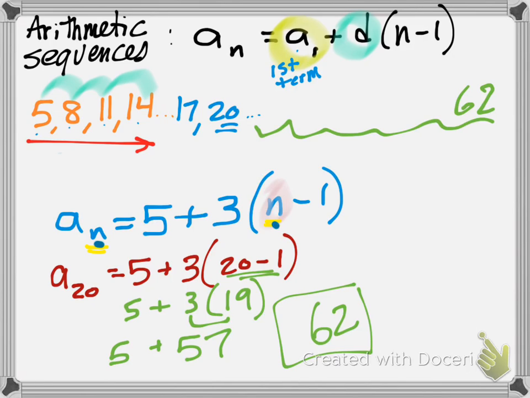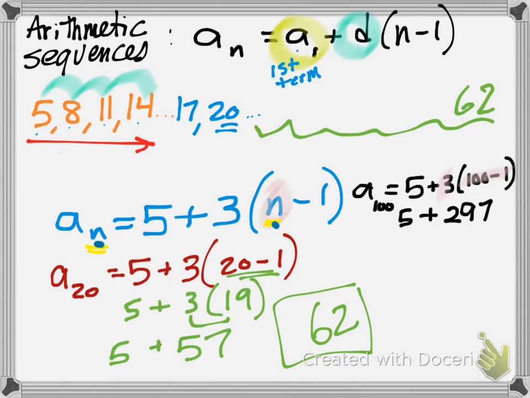I could do the same thing if I wanted to find term 100. So let me do that. I want to find term 100. So a sub 100 equals 5 plus 3 times (100 minus 1). That's 99 times 3. 99 times 3 is 297.